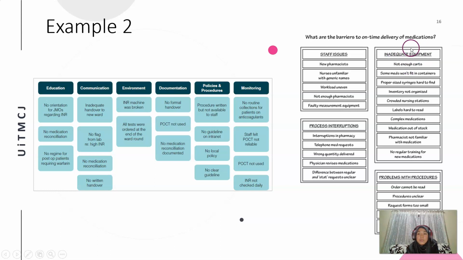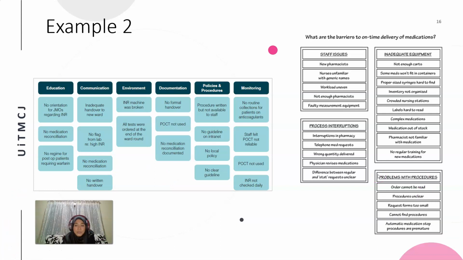And then we put them in the group for inadequate equipment. Then we have another group about process interruptions: interruptions in pharmacy, telephone, med requests, wrong quantity delivered. Next we have problems with procedures.